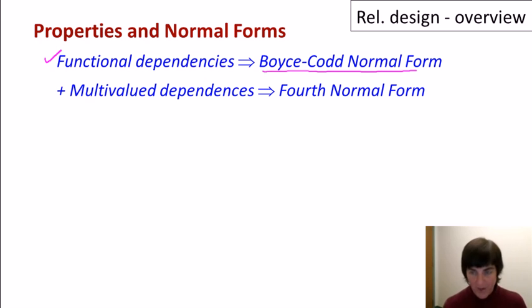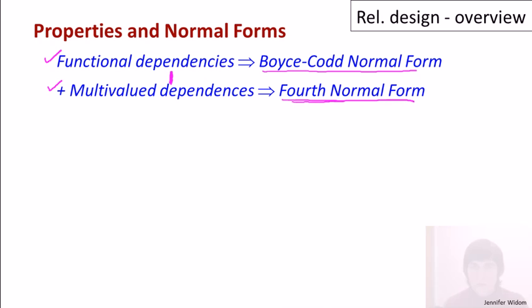And Boyce and Codd, by the way, were two early pioneers in relational databases in general. Then we're going to look at another type of specification called multi-valued dependencies, which will add to functional dependencies. And when we have both functional and multi-valued dependencies, then we can have what's called fourth normal form. And again, that would be relations that are generated by the system that satisfy the normal form.